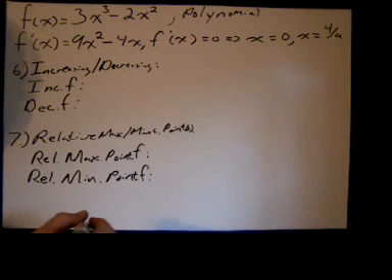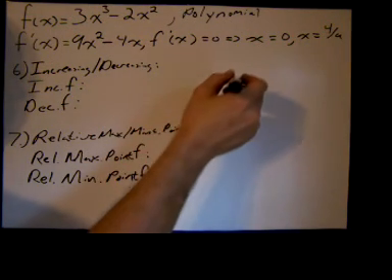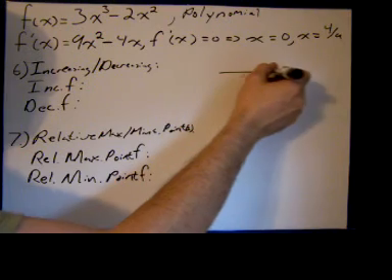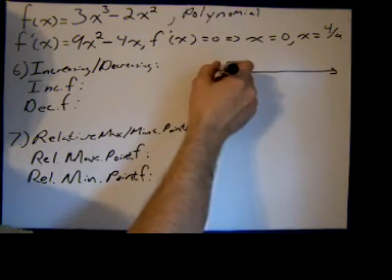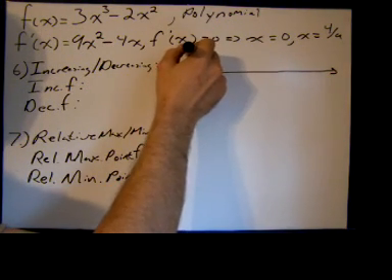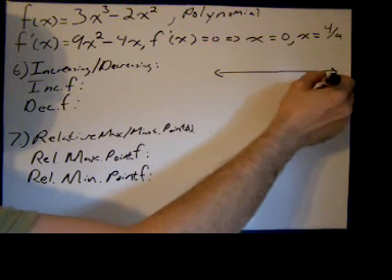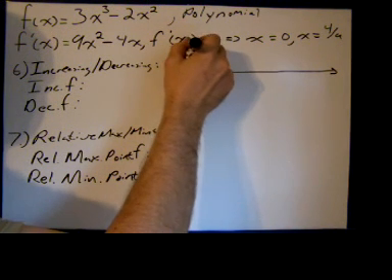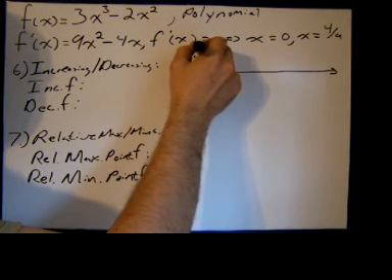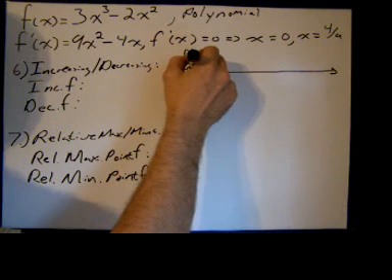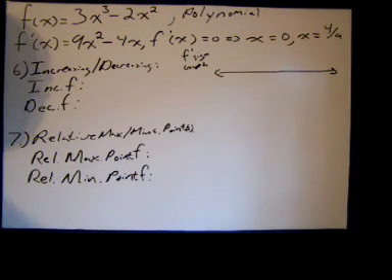So in order to find the intervals where f is increasing and decreasing, again we start with the number line, and it's always good to label what this is, and this is the f prime sign graph. Hopefully I'll have enough room here.